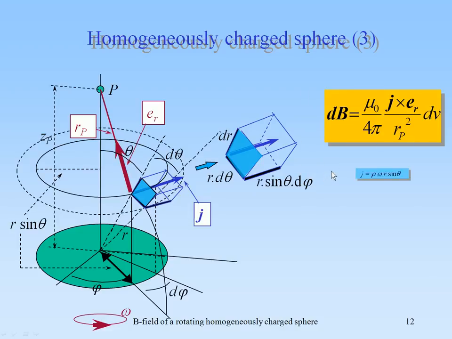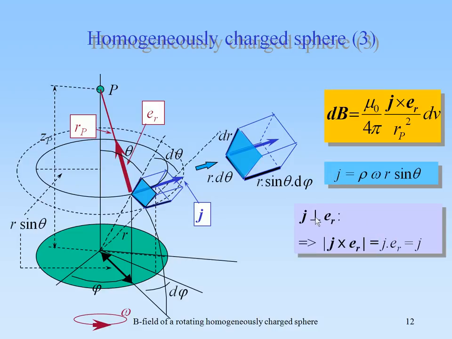Now, we know J. We know J is perpendicular to er, so the cross product will be J itself. And we know dV, r d theta, r sine theta d phi times dr.